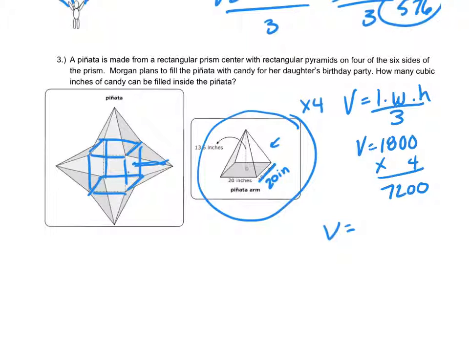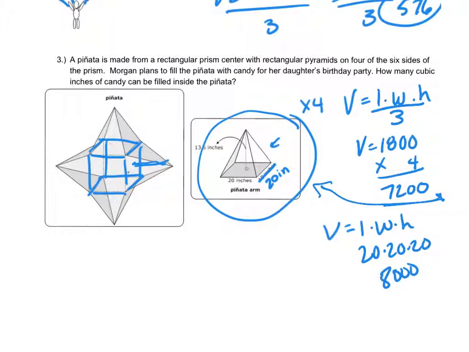Now the cube is length times width times height, 20 times 20 times 20, which is 8,000. Adding 8,000 and 7,200 gives 15,200. That is what your total should have been.